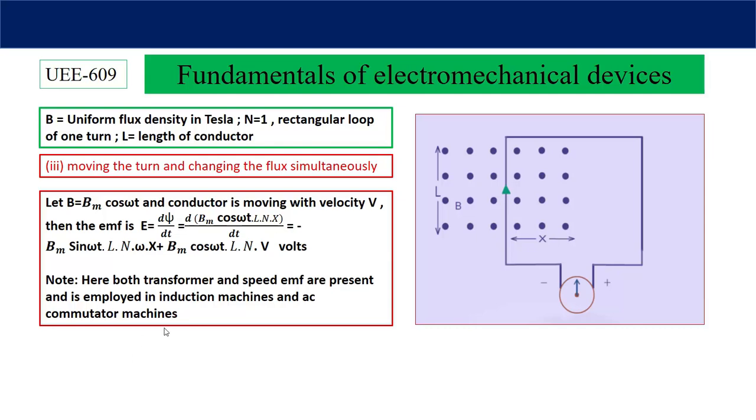Then the rotating magnetic field will cut the rotor conductors, or rotor turns, or you can say the rotor. Then an EMF is induced across the rotor because the magnetic field is variable in nature and the rotor is stationary. So in this case, transformer EMF is applicable.